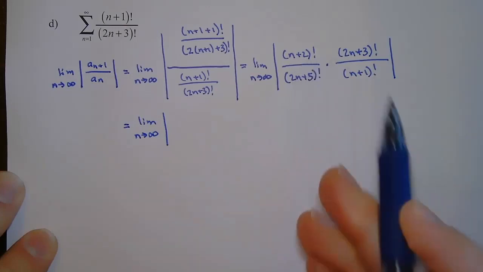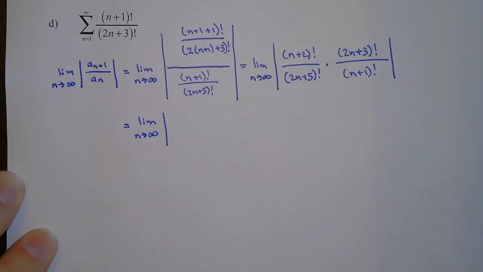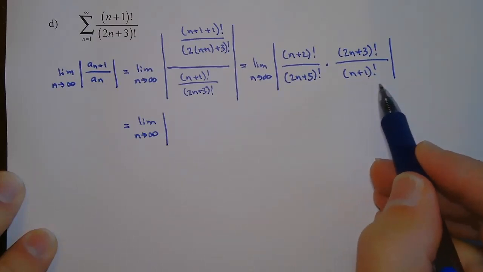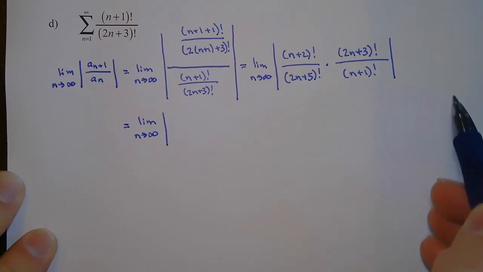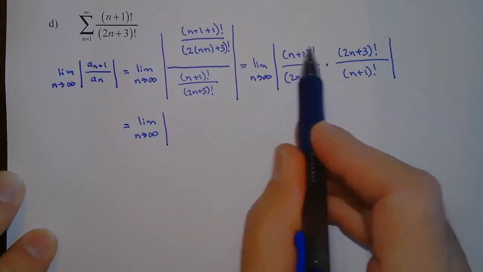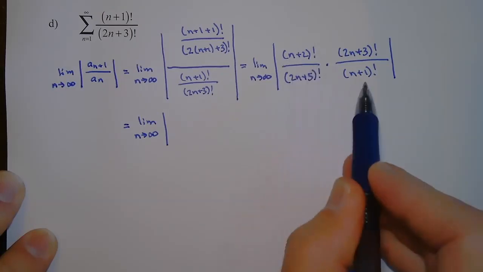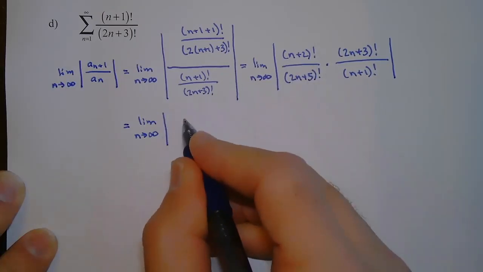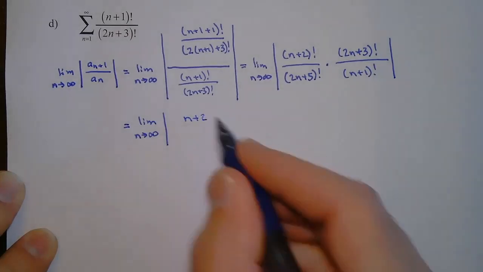Because remember, (n plus 2) factorial would be n plus 2 times n plus 1 times n times n minus 1 on down, and this one is n plus 1 times n times n minus 1, and so on. You just keep taking 1 away. Since this one's bigger, it's going to cancel a bunch of these, so we're going to be left with n plus 2 in the numerator.